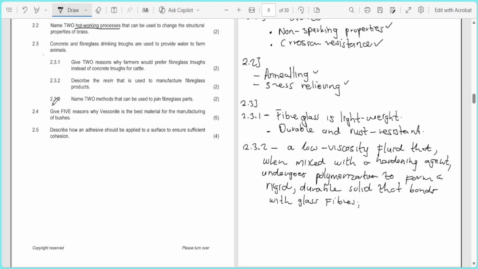Now for 2.3.3, name two methods that can be used to join fiberglass parts. There are two.